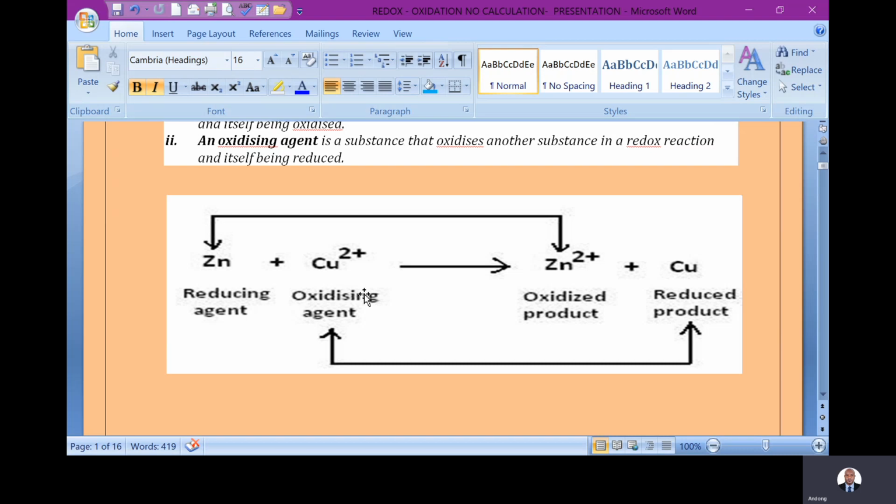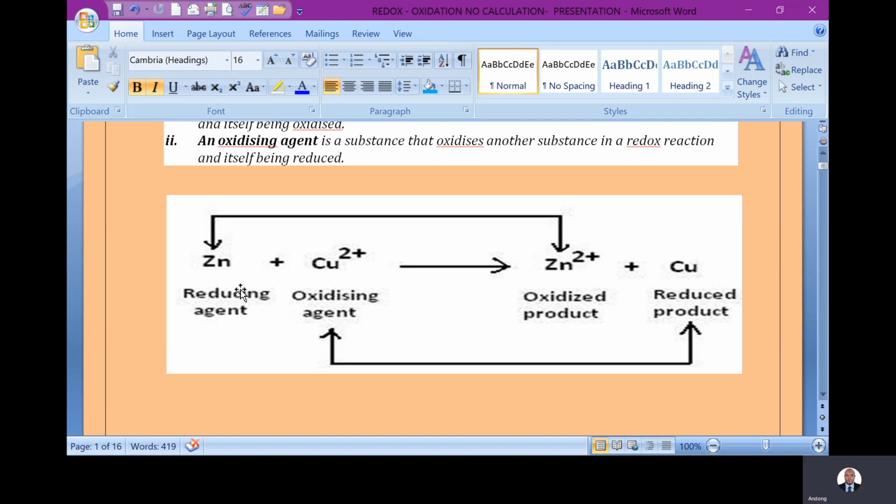On the other hand, the copper 2 ion that was reacting has a charge of +2. It has been reduced to 0. Based on the definition we gave, because copper has been reduced from +2 to 0, we now say zinc is the reducing agent that has reduced copper from +2 to 0.